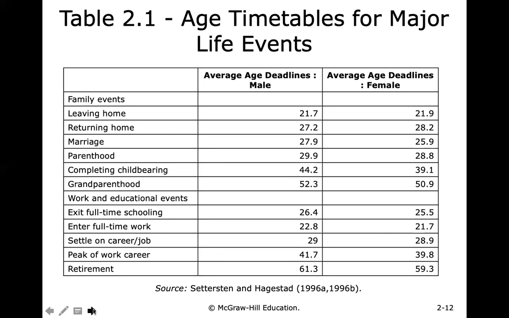Peak of work career, 41 and 39. So according to this timetable, I am way past the peak of my career, and I should be about 9 years away from retiring. So those are timetables for major life events that are recognized in 1996.